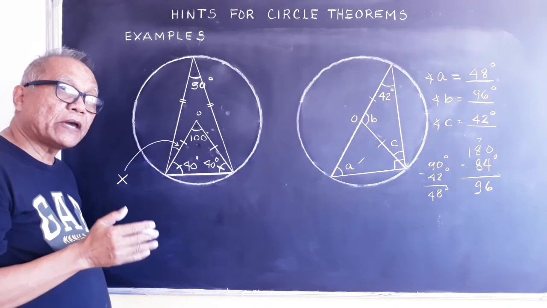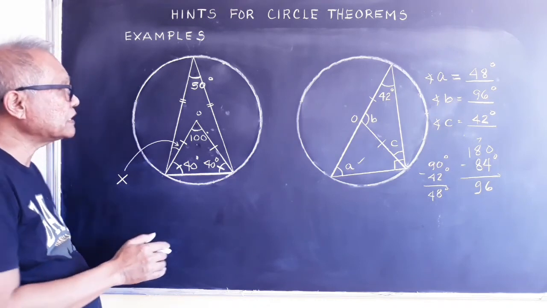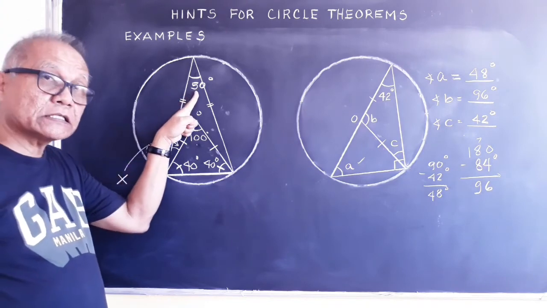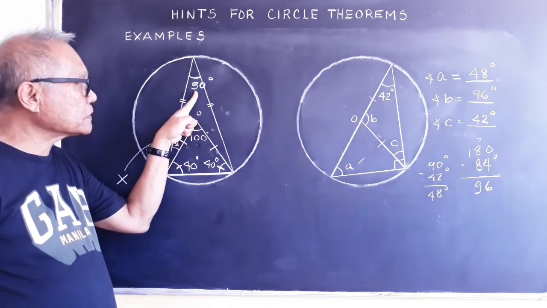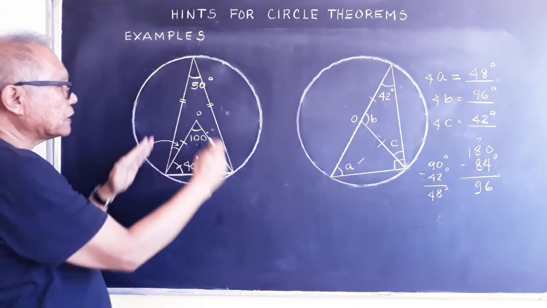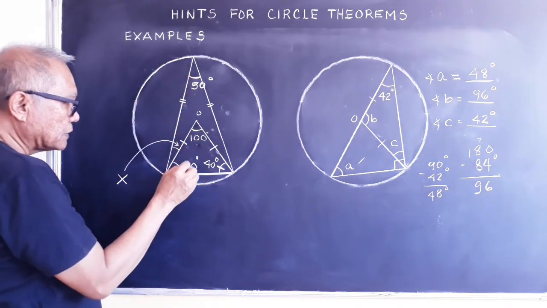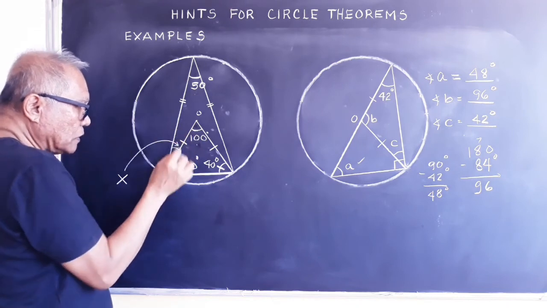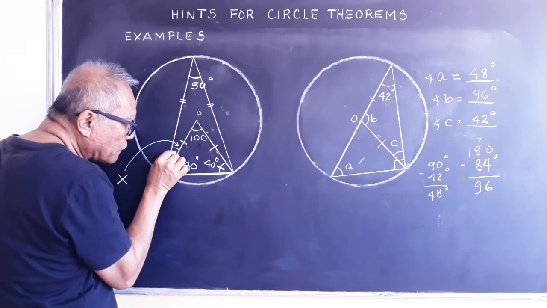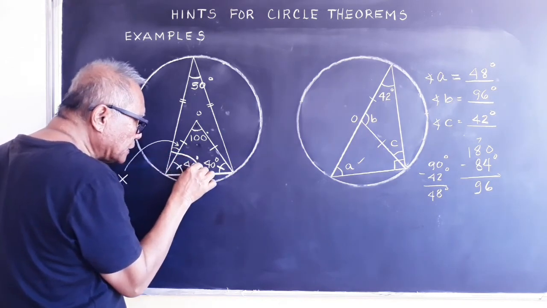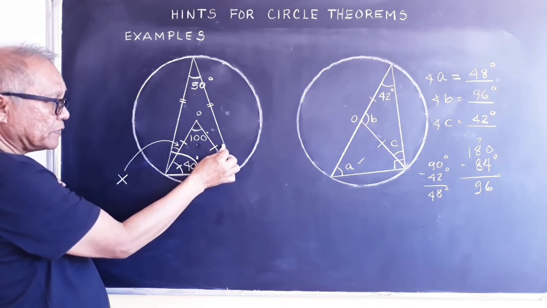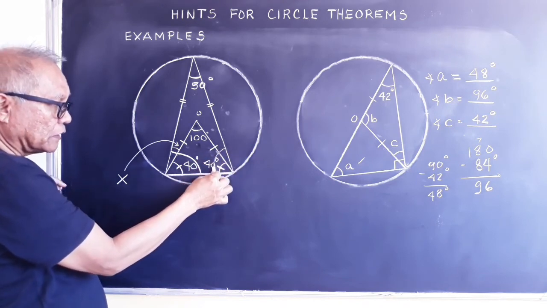Now we locate the base angles of this big isosceles triangle, in which the vertex angle is 50 degrees. So where are the base angles of this big isosceles triangle? From here up to there is the base angle. The base angle on the other side is from here going here.